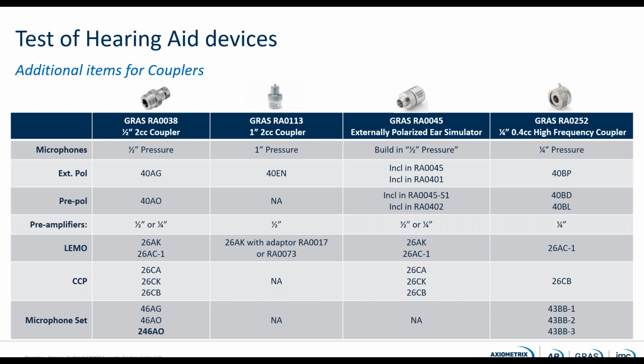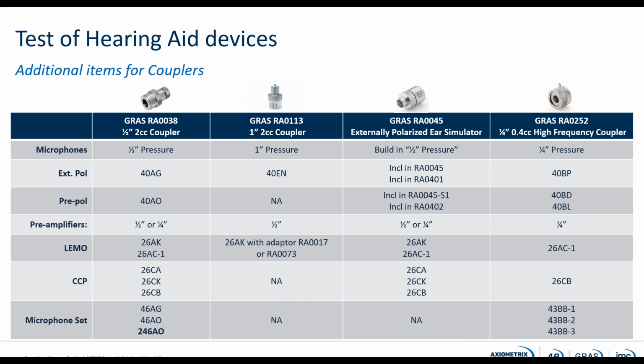It depends on the type of coupler you start with. If we look at the 1/2 inch microphone, then you have two possibilities. You can either use an externally polarized microphone like the 40AG pressure microphone, or you can use a pre-polarized microphone like the GRAS 1/2 inch pre-polarized pressure microphone, 40AO.